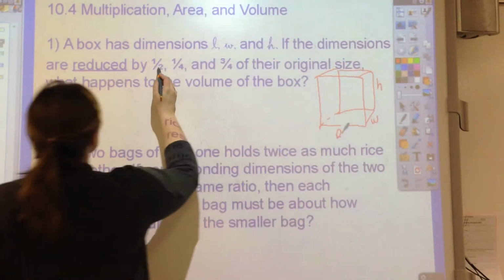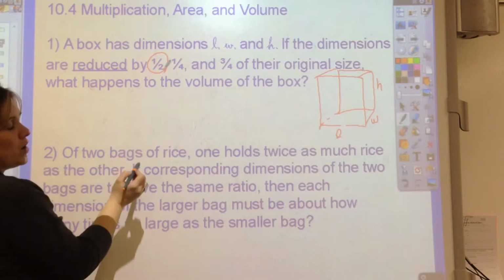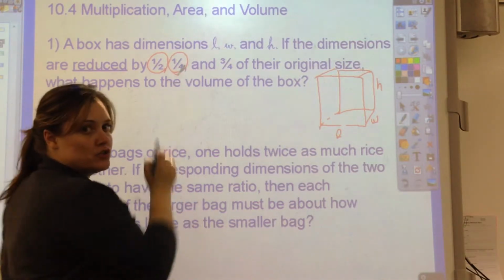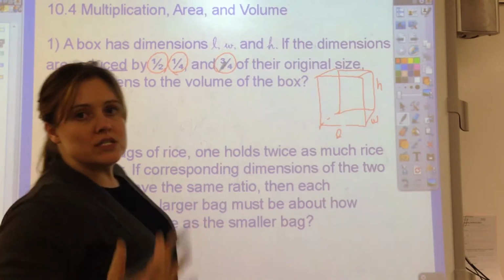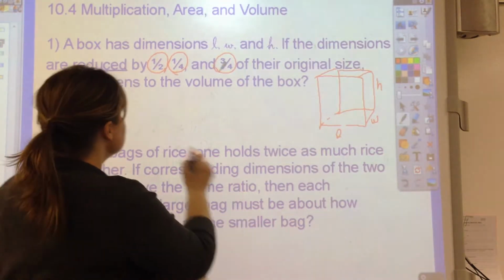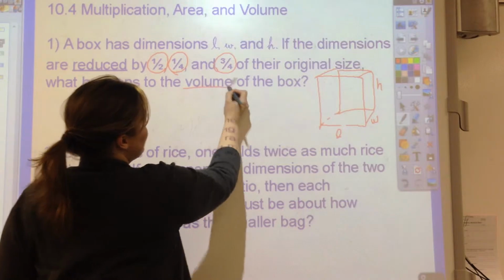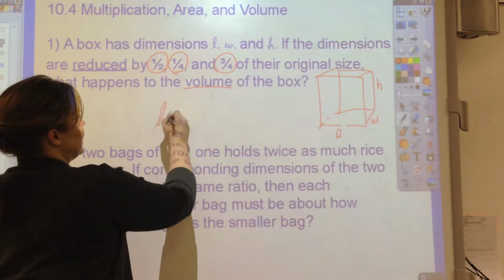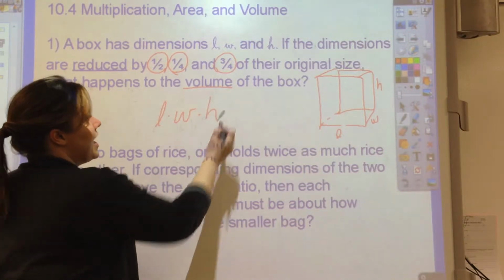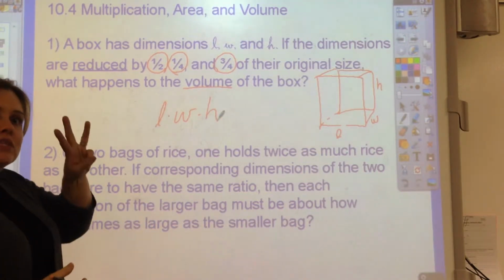And I'm going to reduce one of these by a factor of 1/2, one by a factor of 1/4, and one by a factor of 3/4. It doesn't really matter which one. We want to see what the end factor difference is to the volume. So if I take my length, width, and height, I would have the product of those three things in my volume.